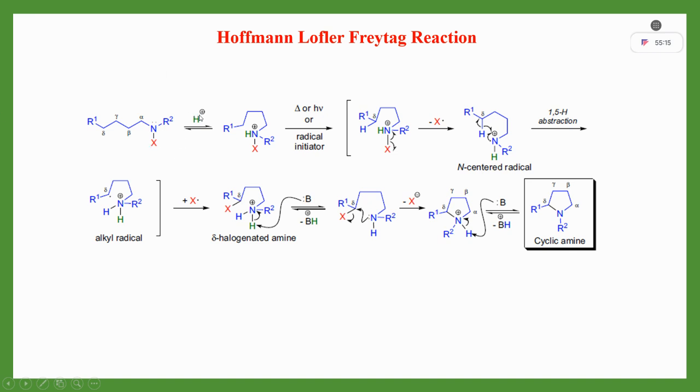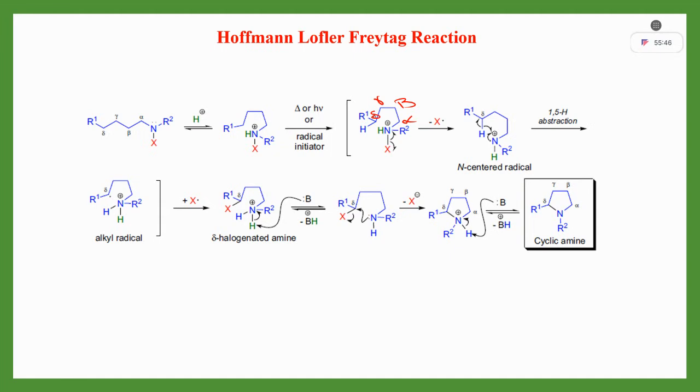Right. In acidic condition, obviously nitrogen will be protonated. Then, under heating or thermal condition, this N-X bond will cleave and result in the formation of this radical. Now, it will abstract the delta hydrogen, not gamma, delta. That means this is your alpha carbon, this is your beta, this is your gamma, this is your delta.